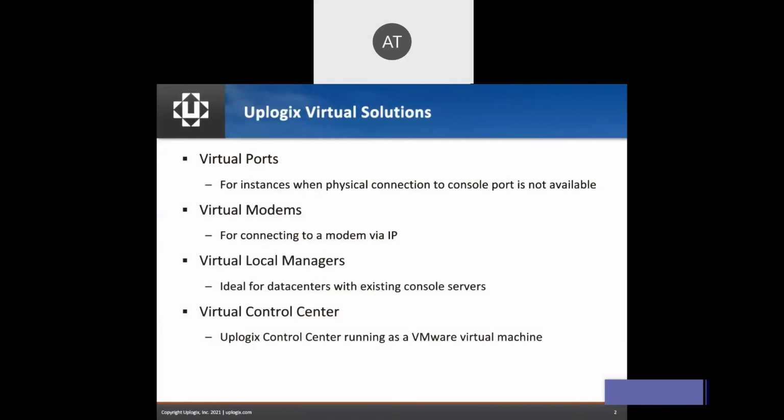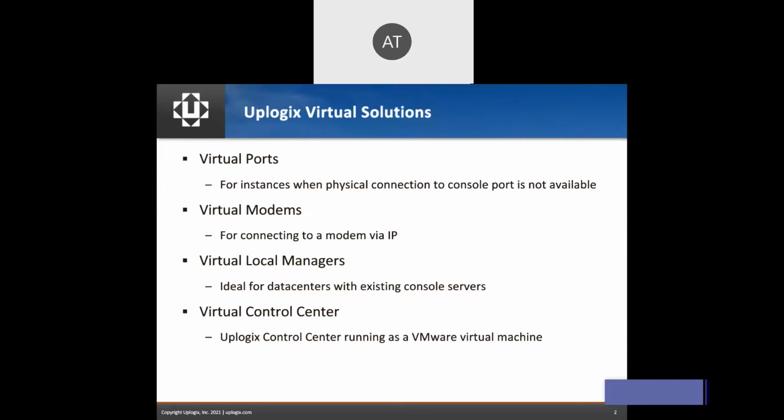Virtual ports are used when we can't physically cable a console connection to a system. Maybe it's a VM and it doesn't have a console port. Maybe it's a WAN or wireless access controller, or an access point, and it doesn't have a serial port. So we can use these virtual ports to connect to those systems.